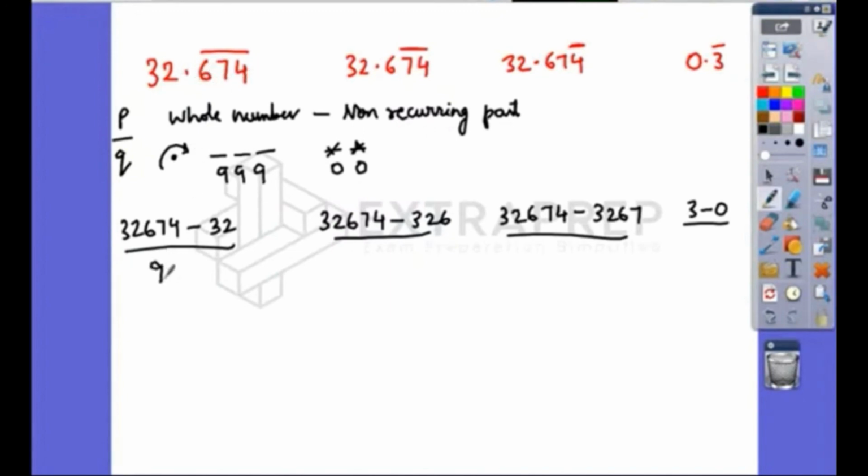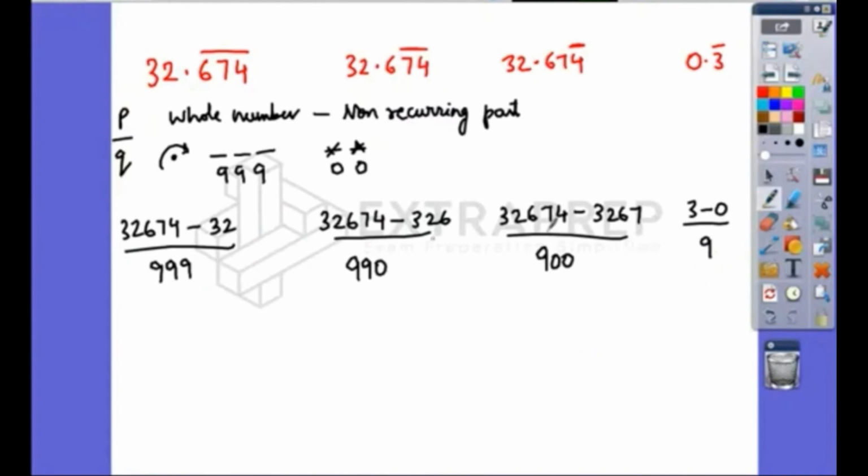There are 3 digits with a bar, so it will be 3 9s. Second question: 2 digits with a bar, that's 2 9s, and there's 1 digit without a bar, so 1 zero. Here, after the decimal point, you have 1 digit with a bar, that's 1 9, and 2 digits without a bar, that's 2 zeros. After the decimal point, you have 1 digit with a bar over it, so that's 9.